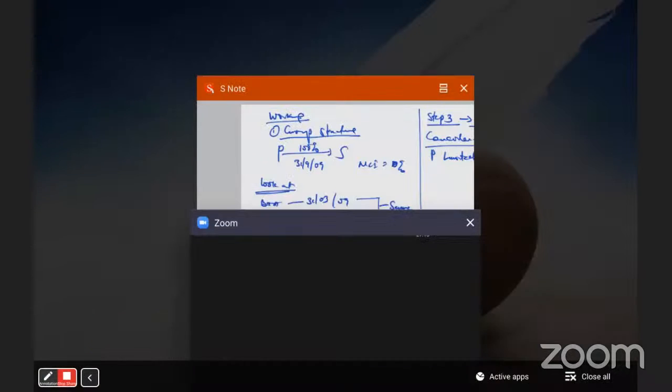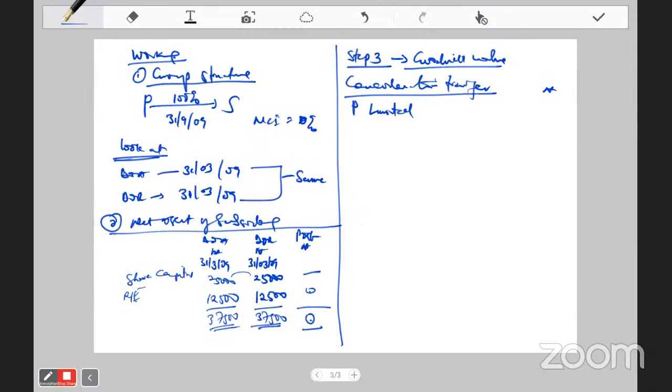Let's now look at what we need to do in our requirement. In our P Limited, that is 42,500. Are we together? So our 42,500 is the amount that we have for the records.